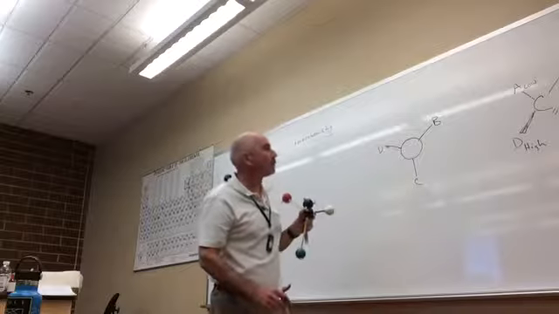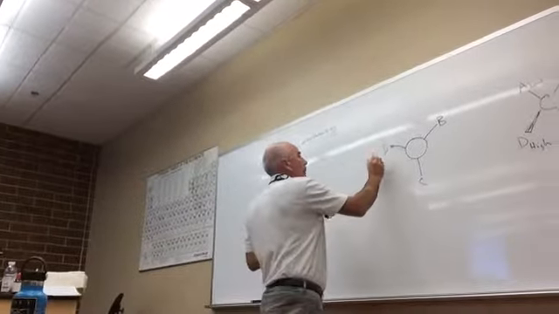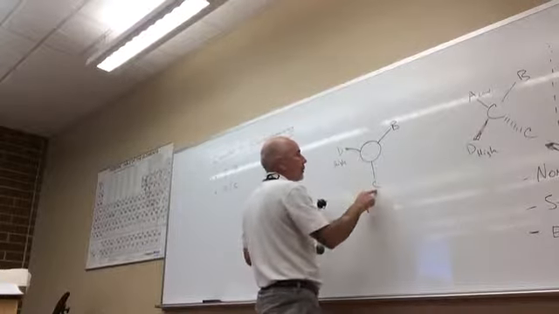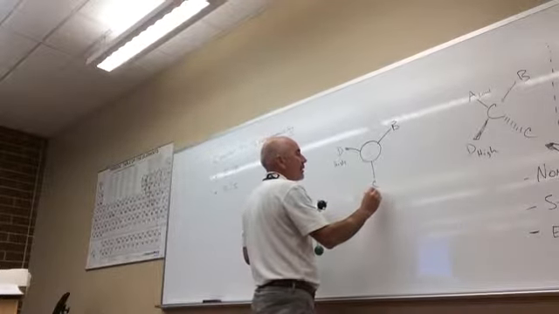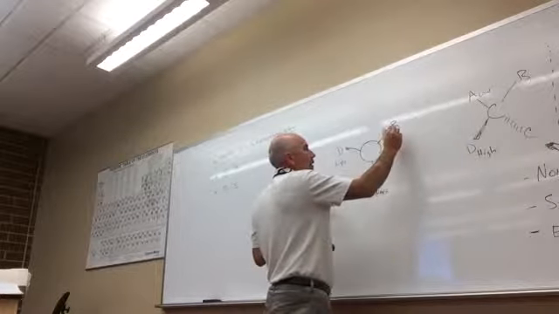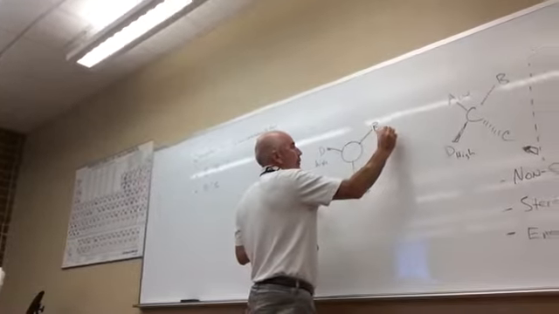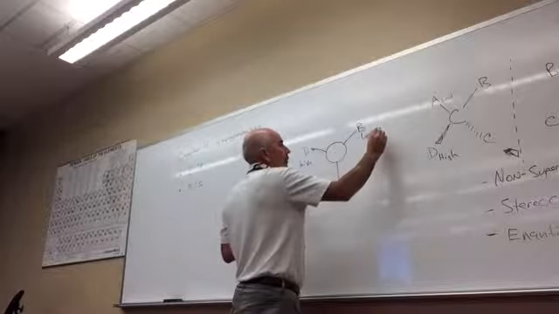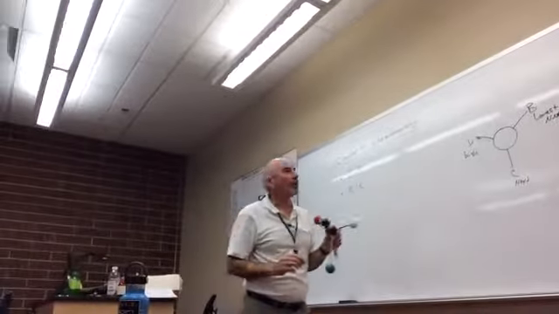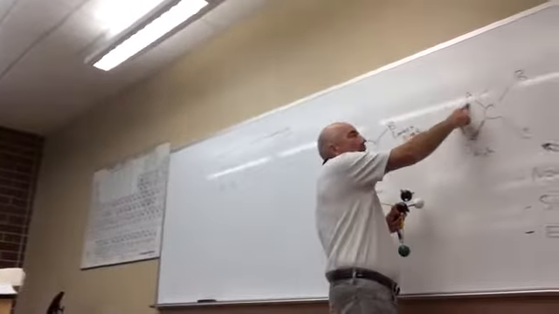So now, D is high priority, right? C is next. And of these three, this is the lowest, right? Just randomly assigned. Well, we did A is low.